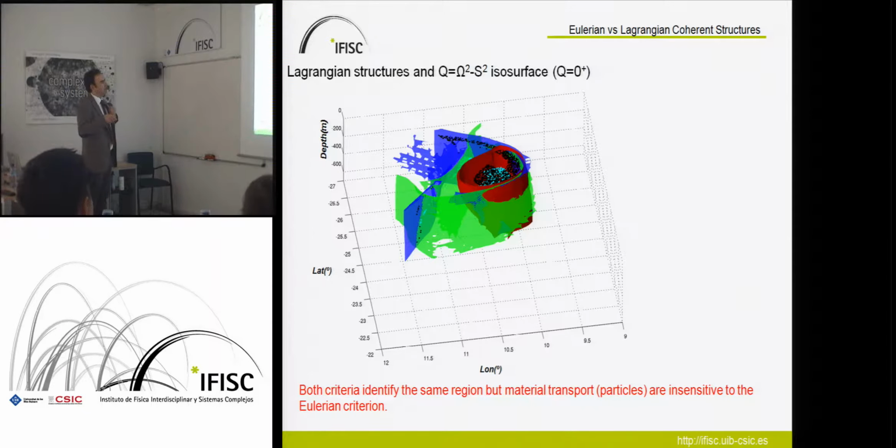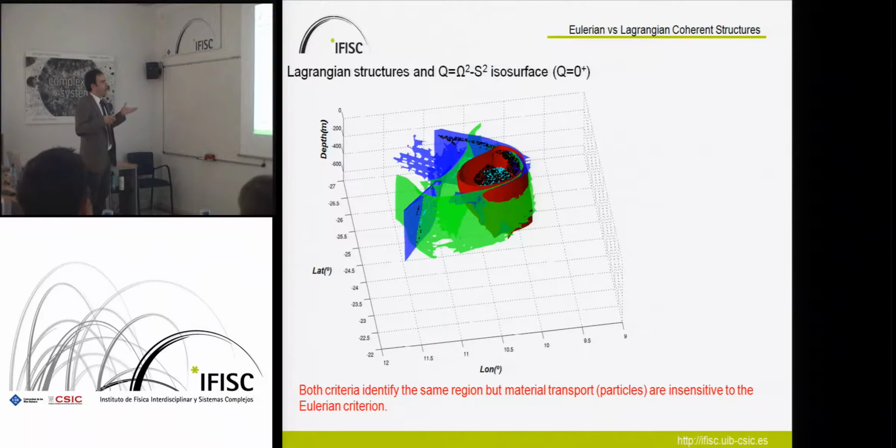So positive areas of the Q criterion are rotation dominated, and they correspond to eddies, while negative ones do not. And so when we plot an isosurface with a very small but positive value of the Q criterion, whatever is inside is, by definition, an eddy.